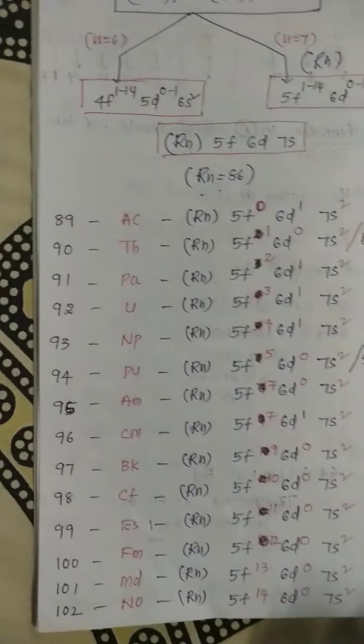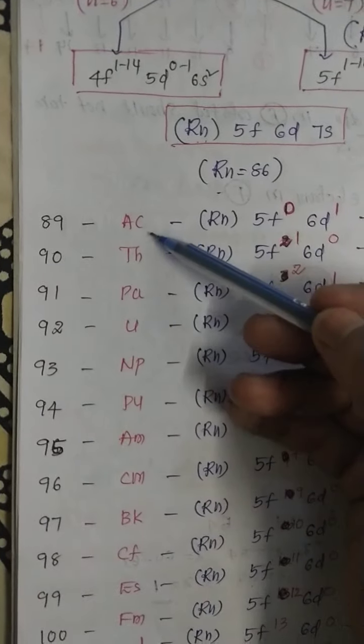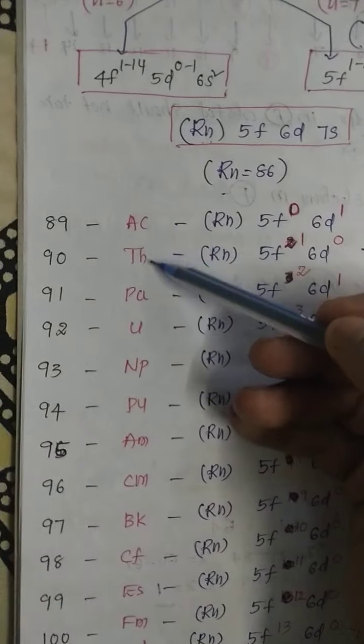So what elements are there in this group? Actinium, and after actinium the remaining 14 elements are actinoids. So what are the names?